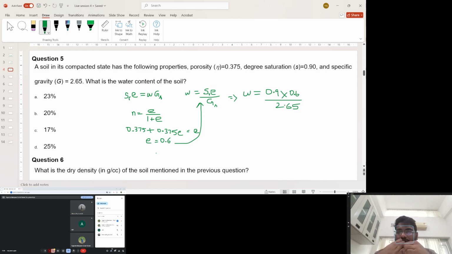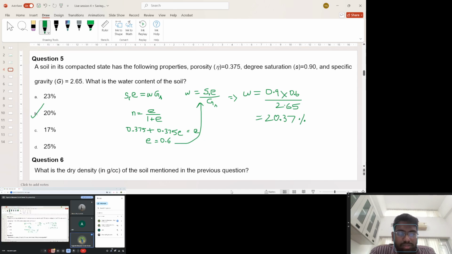It comes to 0.2037, which is 20.37%, which can be rounded up to 20%. 20% will be the answer.